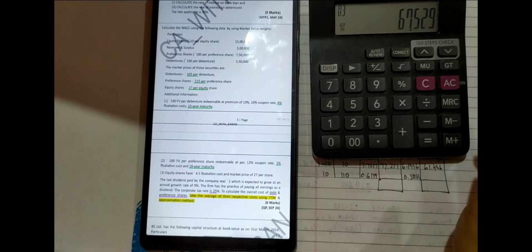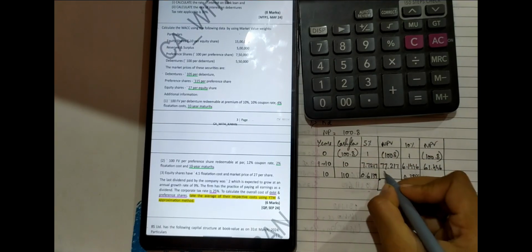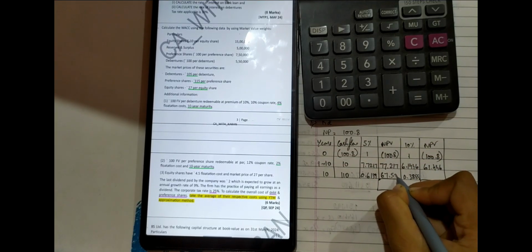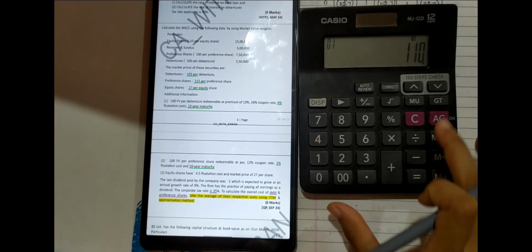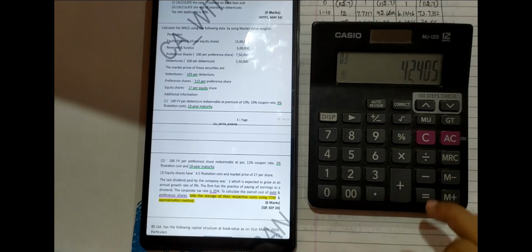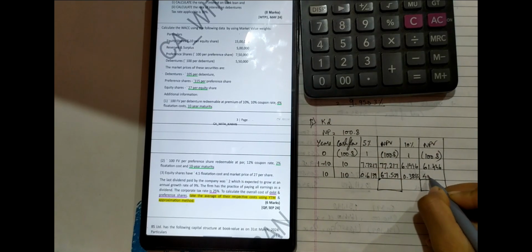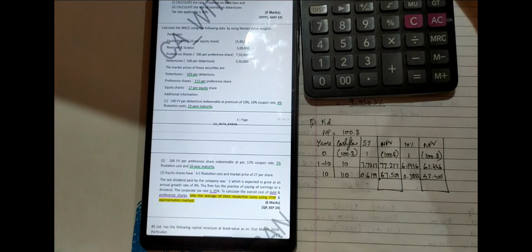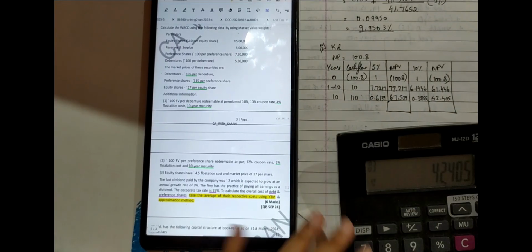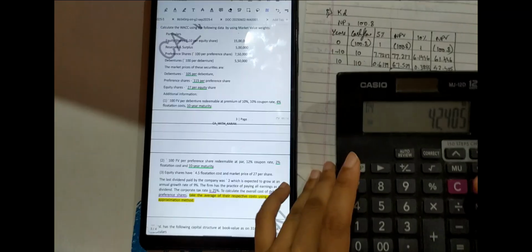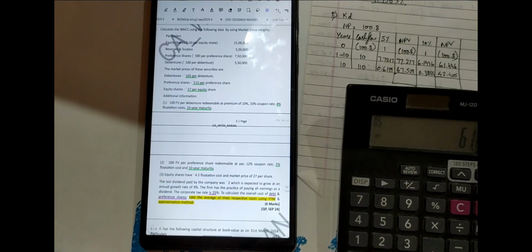So this comes out to be 67.529. And then again 110 into 0.3855, this comes out to be 42.405. So 42.405 plus 61.446 minus 100.8.